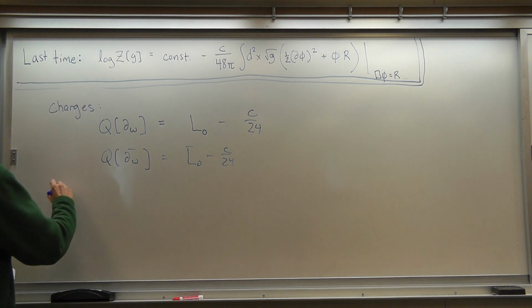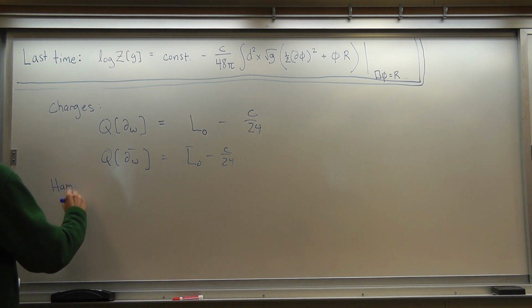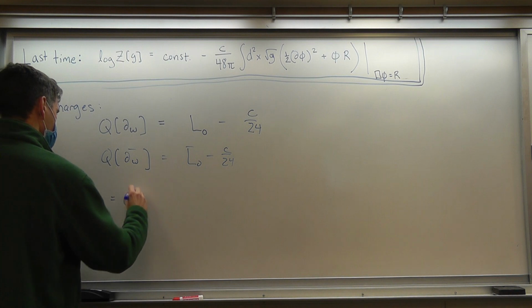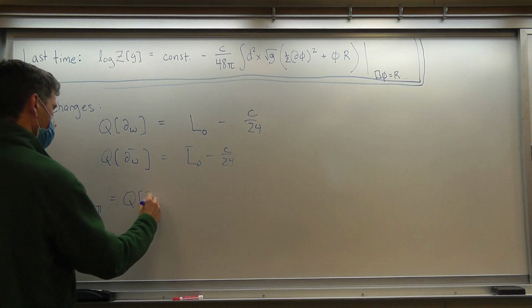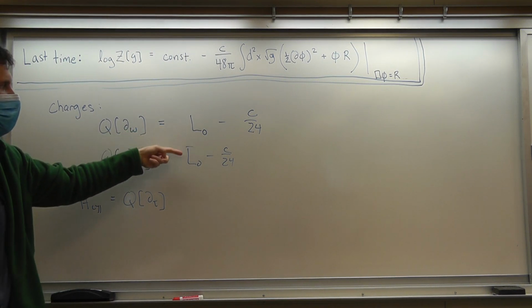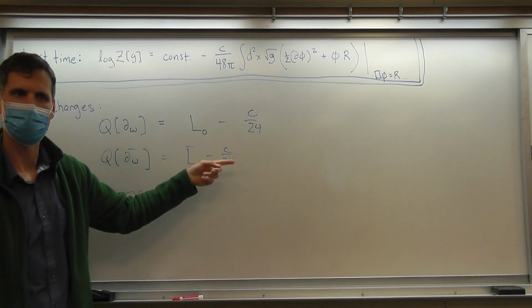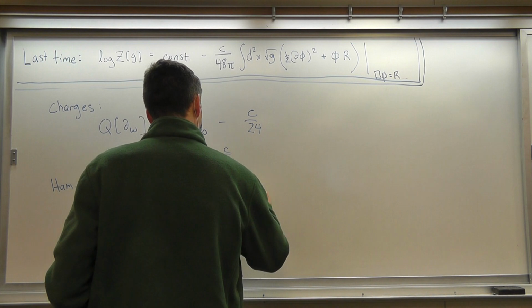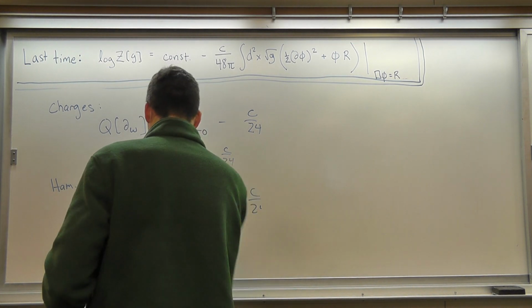The Hamiltonian H on the cylinder is the charge associated to time translations, d/d tau. And so that's the sum of these two. So it's L0 plus L0 bar minus c over 12, which is the dilatation generator D minus c over 12.